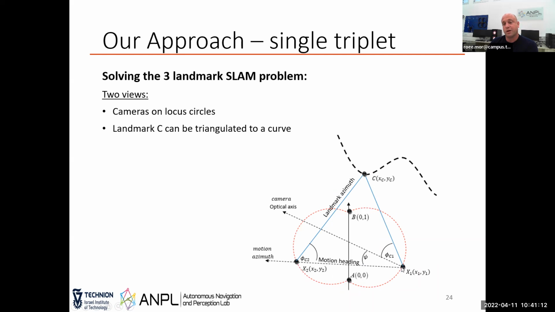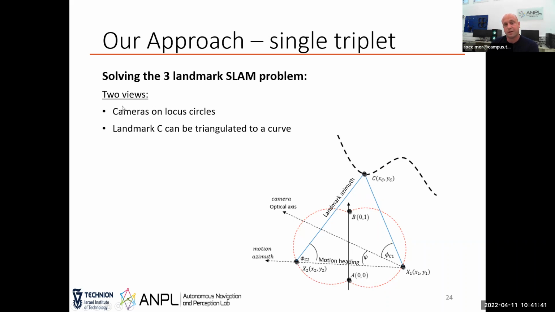And then because you also have a measurement to landmark C, you can just triangulate and get the specific location of landmark C in the AB frame, okay? The thing is that we don't know where the camera is located on the locus circle, okay? So instead of getting a specific location for landmark C, we just get a curve that it can be located on.